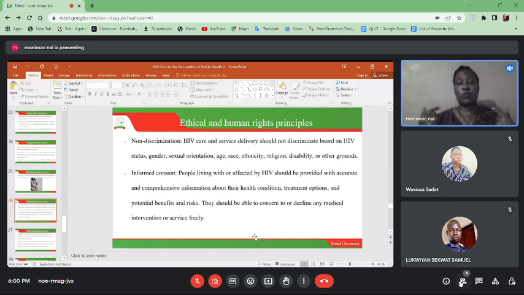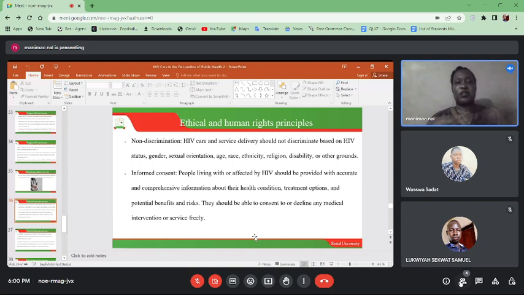We should also make sure that we give them comprehensive information about their health condition and treatment options, as well as the potential benefits and the risks. They should be able to consent to or decline any medication, intervention, or service. If they have not yet given you their consent, then you shouldn't insist on what you think is right.